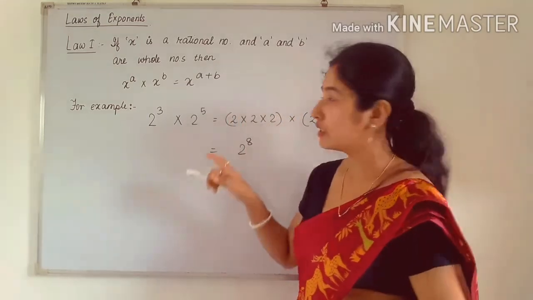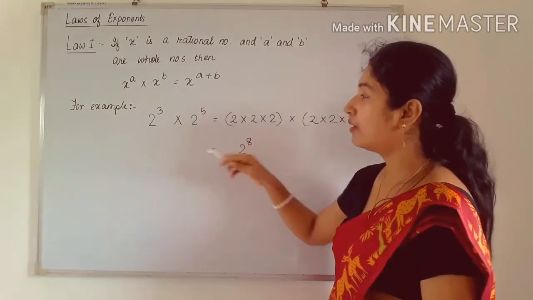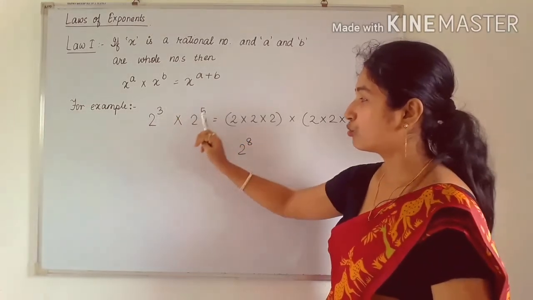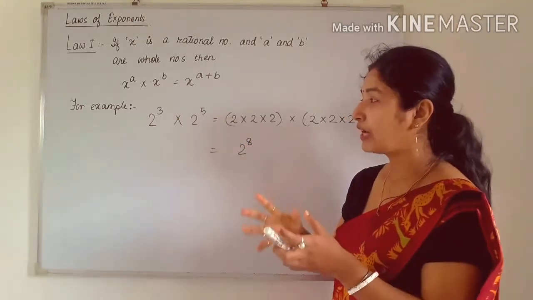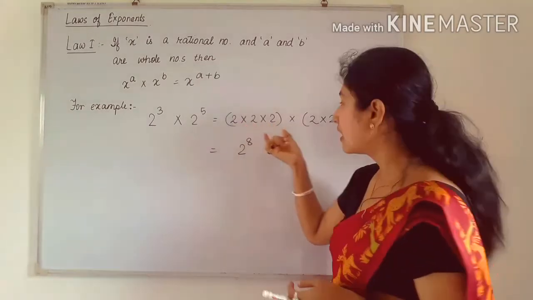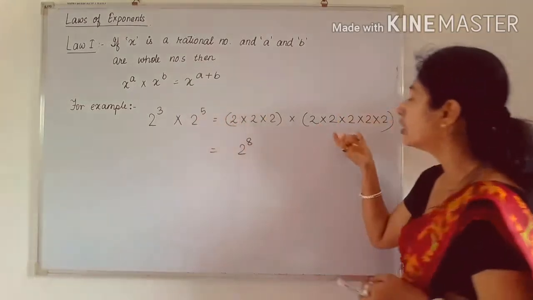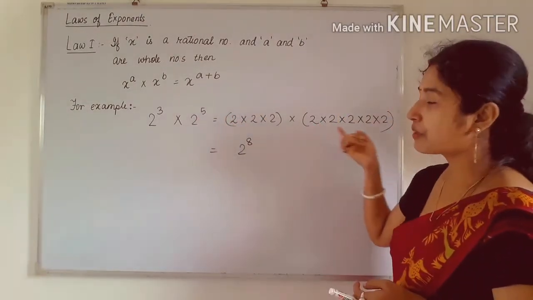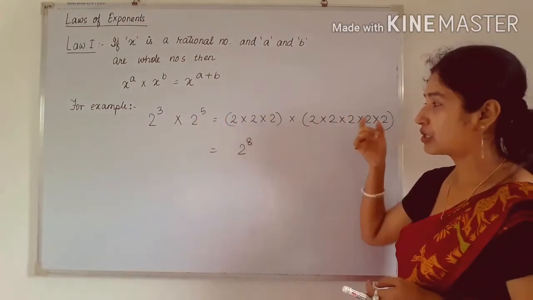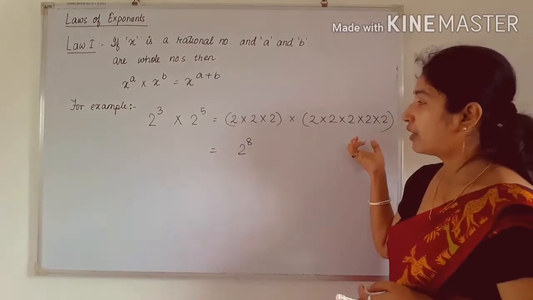I am going to explain this using an example. See the example, 2 to the power 3 into 2 to the power 5. If I expand 2 to the power 3, then 2 is multiplied with itself 3 times. Similarly, if I expand 2 to the power 5, then I have to write 2 multiplied with itself 5 times. So altogether, how many 2's do we have?